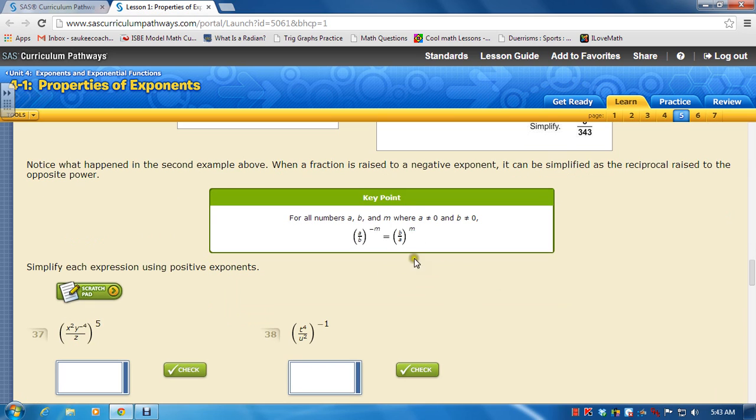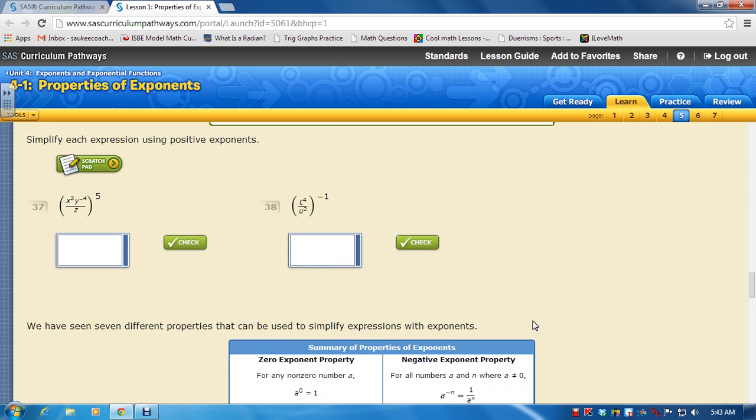Alright. So a key point here, if you've got a quotient raised to a negative power, it's the same thing as the reciprocal of that quotient raised to the positive exponent. Okay?